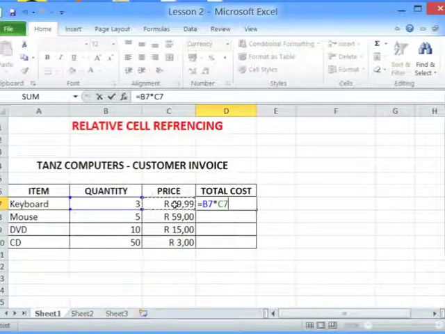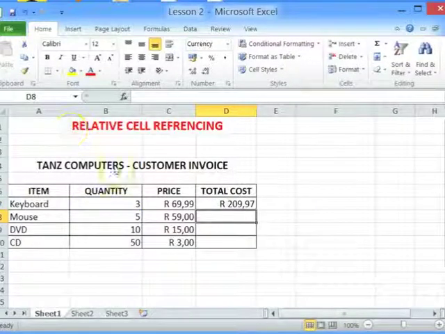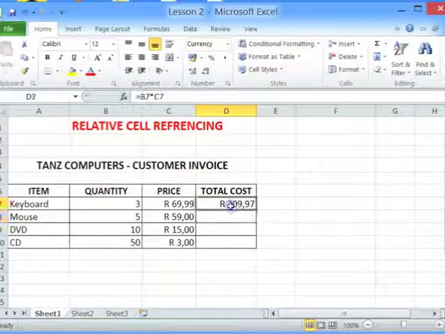I type in the formula in cell D7 and I press the enter key. So the total cost of the keyboards will be the quantity times the price, and we typed in the formula equal to B7 times C7.